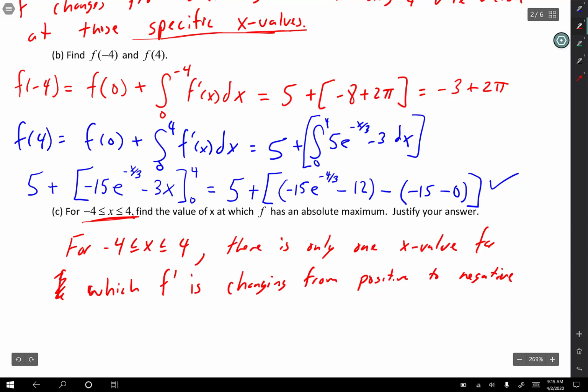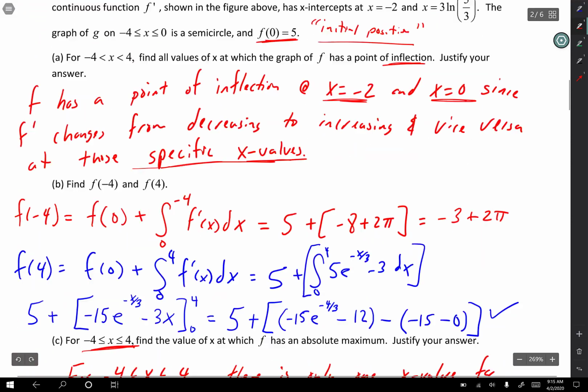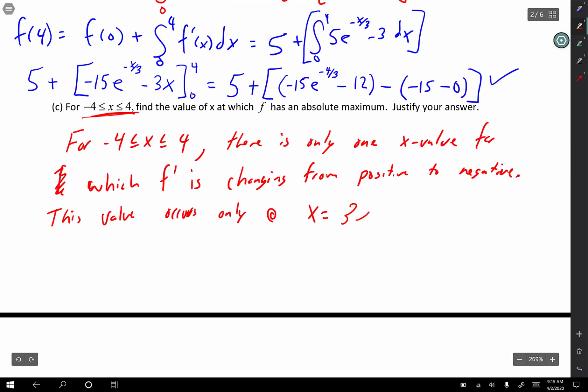Okay, negative 4 to 4, there is only one x value for which f prime is changing from positive to negative. This value occurs only at x equals, and I already forgot it, 3 ln 5/3. 3 ln 5/3.